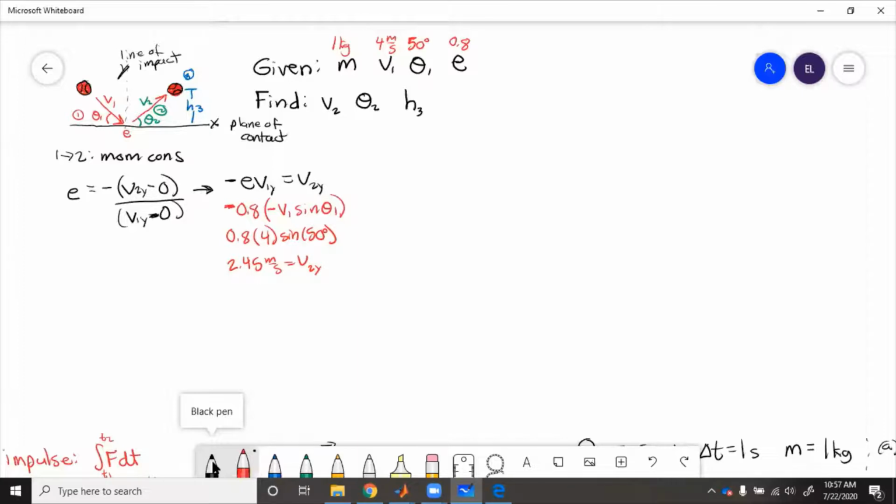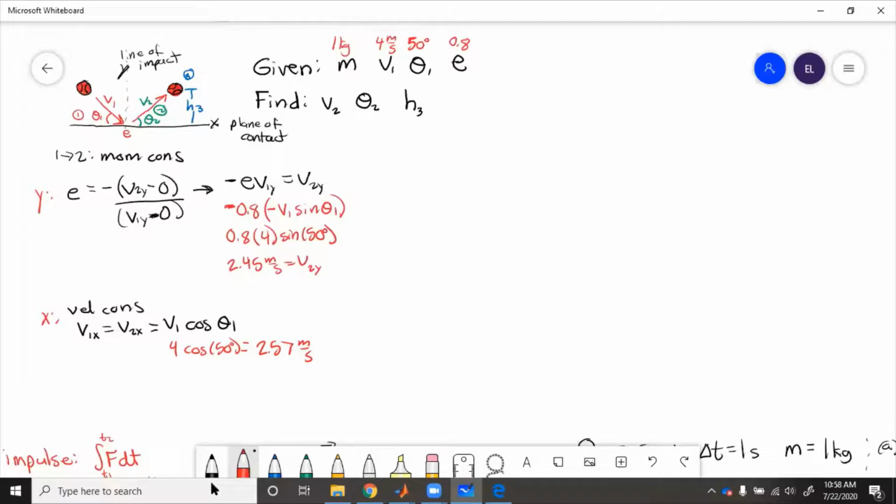And then in the x direction, we know that velocity is conserved. So v1x equals v2x equals v1 cosine theta 1. So then we have 4 cosine 50 degrees equals 2.57 meters per second.